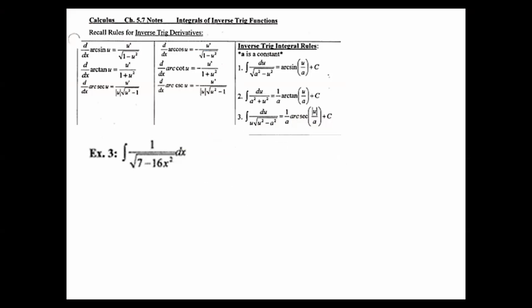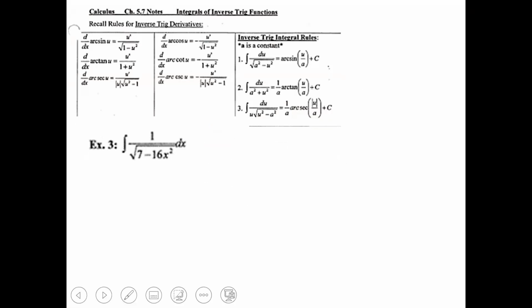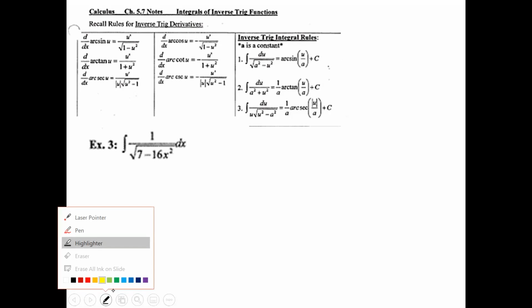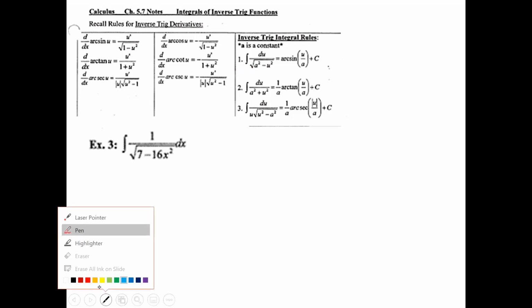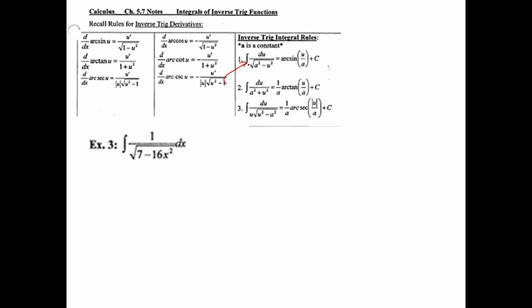Okay. So once again, you're going to try to match this with 1, 2, or 3. Which one do you think is the closest? Looking at the bottom here, I would say that because the x is right here for x squared, most likely it's going to match this one because there's a minus.